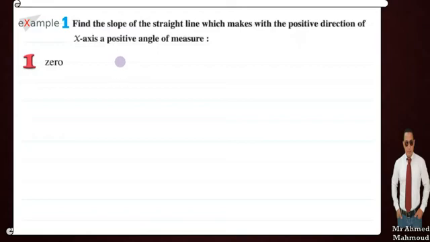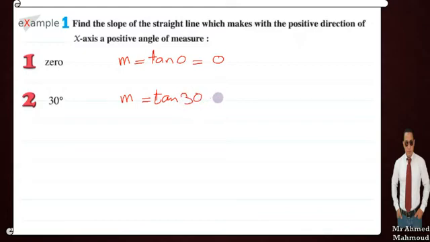Here he gives me the angle, so I will use m as the abbreviation of the slope. m equals tan 0, and tan 0 equals 0. Number 2, 30: theta equals 30, then m equals tan 30, which equals 1 over root 3.